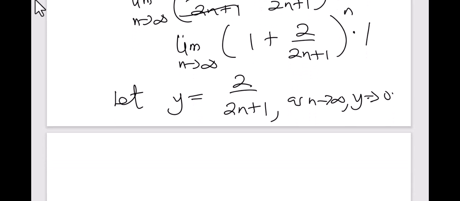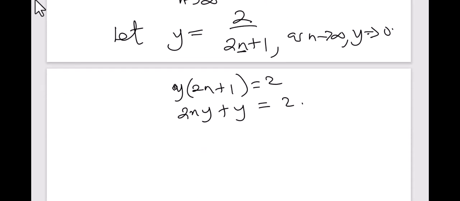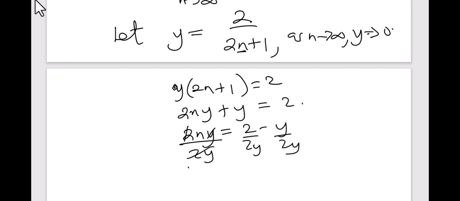Now making n the subject, we have y(2n + 1) = 2, so 2ny + y = 2, and then 2ny = 2 - y, divided by 2y, so the 2y cancels. Therefore, n = 1/y - 1/2.